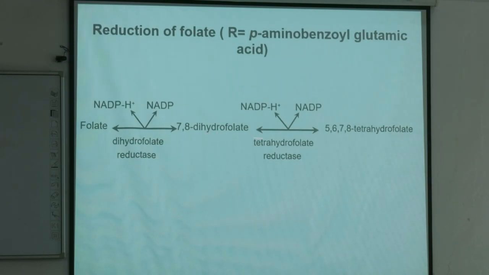Sorry, start here. 5, 6, 7, 8 tetrahydrofolic acid is reduced by tetrahydrofolate to form 7, 8 dihydrofolate. Then dihydrofolate is reduced to folate. Each time one molecule of NADP will form one molecule of NADPH, or the opposite way, whichever way it goes.